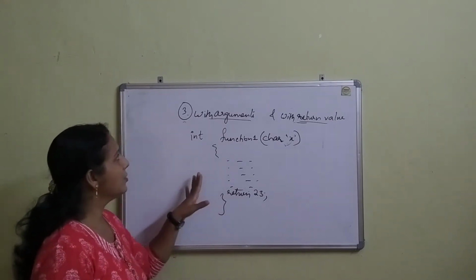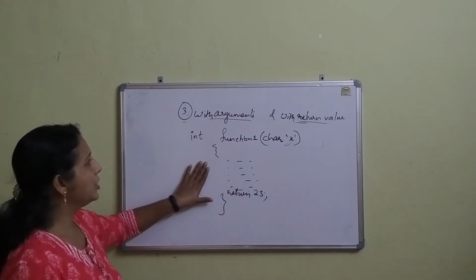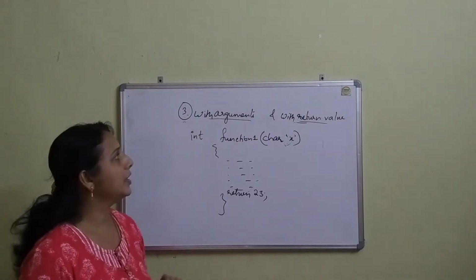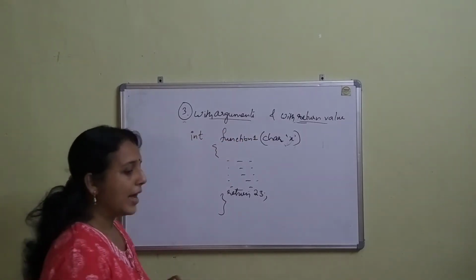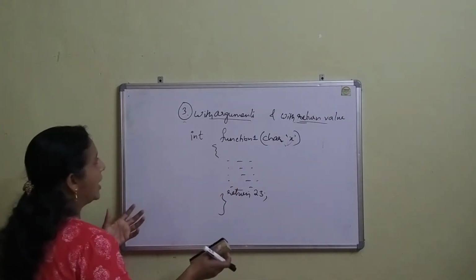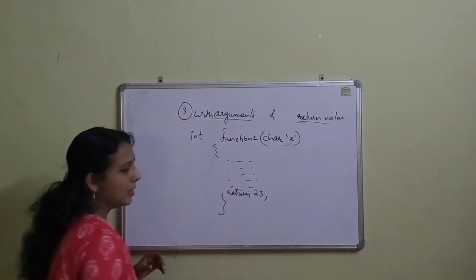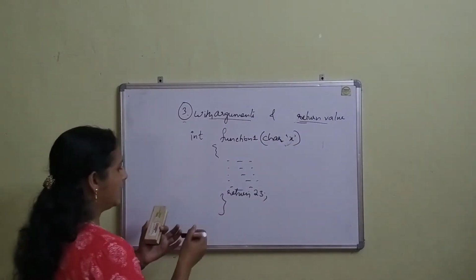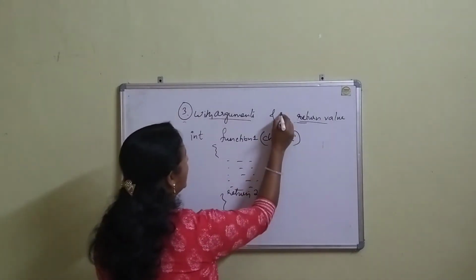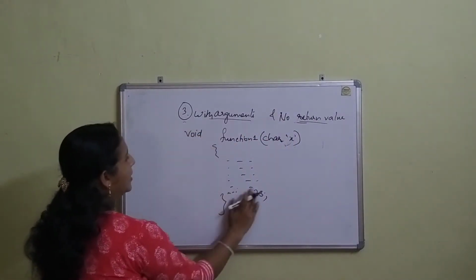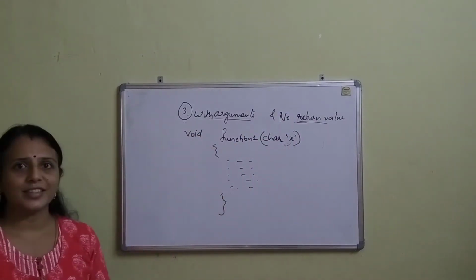So this is the way of defining a function with arguments and with return value. And the next one is with arguments and no return value, which I have discussed earlier.